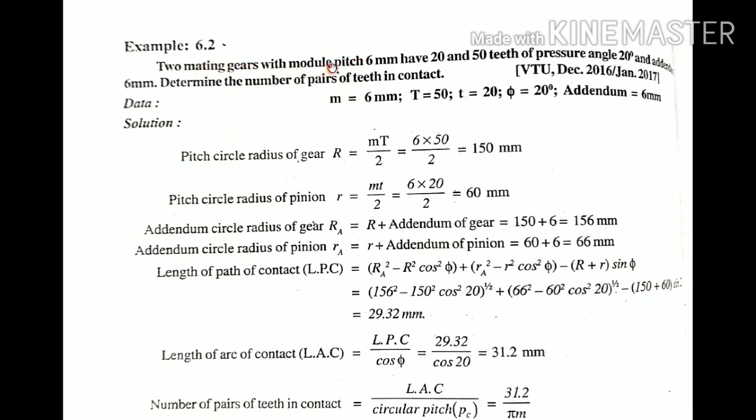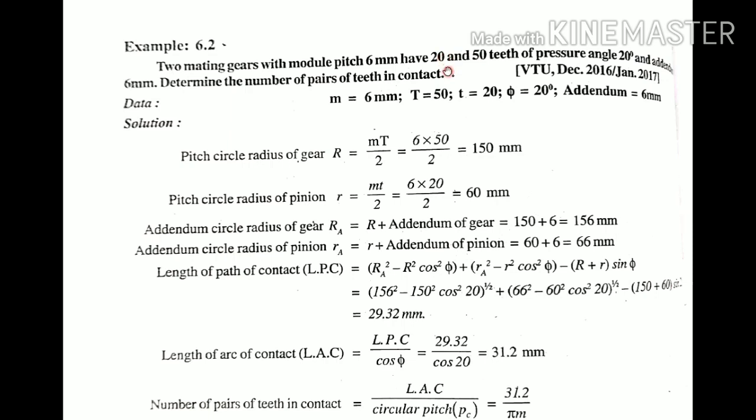Two mating gears with module: first they gave the module of pitch, that is m is equal to 6 mm, and 20 and 50 teeth. That means here are two mating gears. Suppose you consider two mating gears, one is the gear and another one is the pinion, because with respect to the derivation, in the same way you are taking the problem also. Always the pinion size will be small, therefore minimum teeth are always present on the pinion.